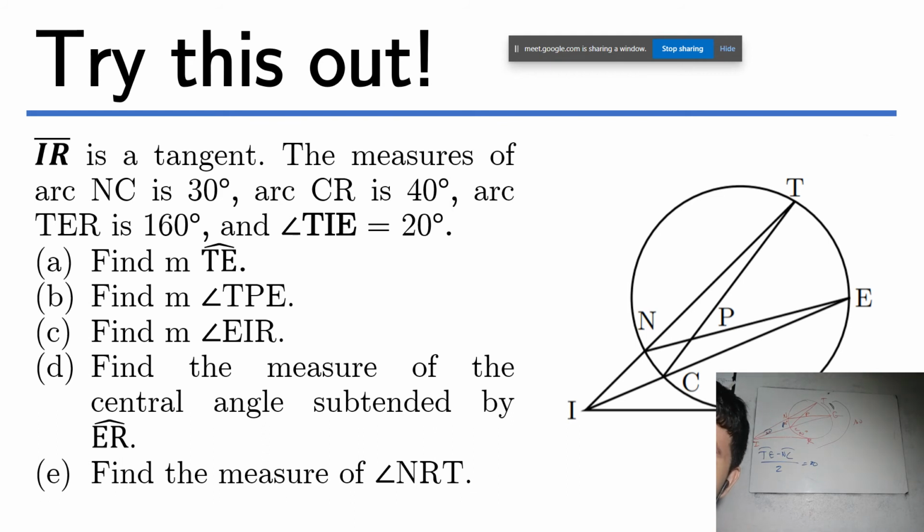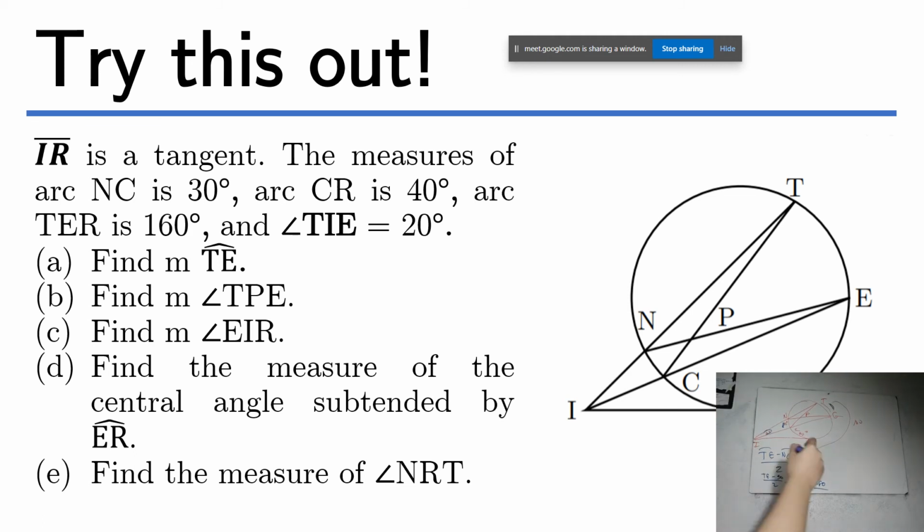Good. So, substituting, TE minus 30 over 2 equals 20. TE equals 80. Okay?